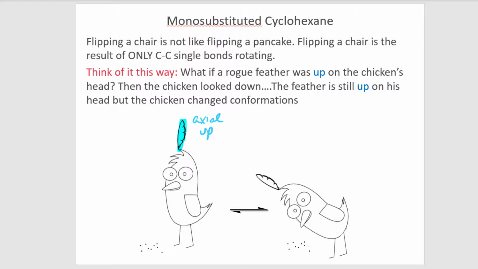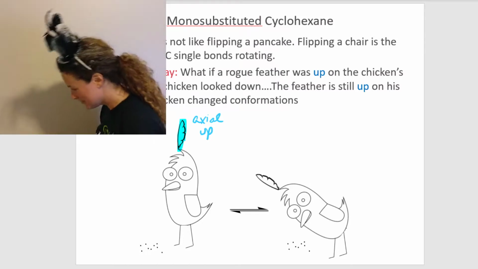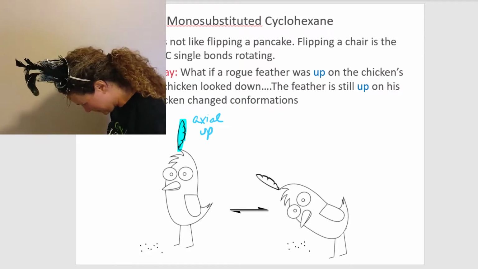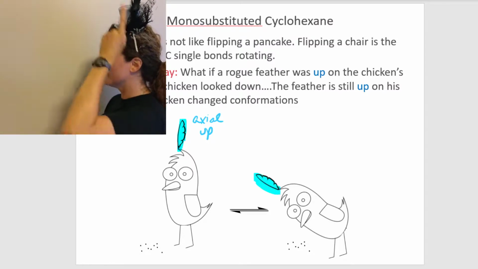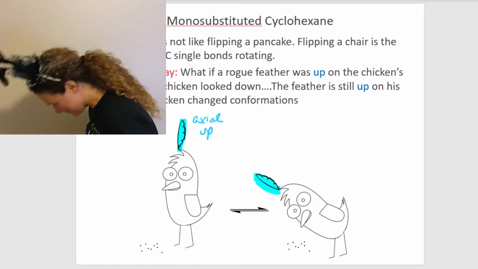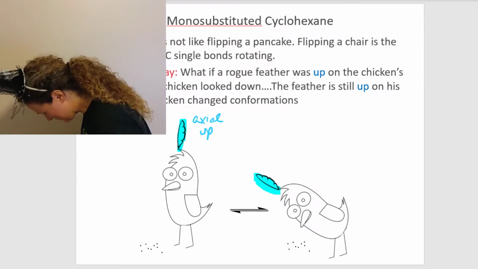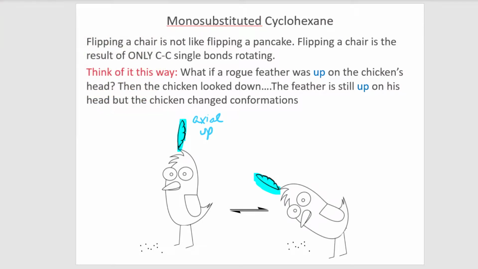Okay, the duck twists and bends and forms the other conformation of itself as it's eating. The feather is still up on the duck's head, so its position up and down is not going to change. It's still up on its head, but now it's up and equatorial. And it literally just did this by bending and twisting its bonds at the hip, bending over and giving it more of an equatorial position.